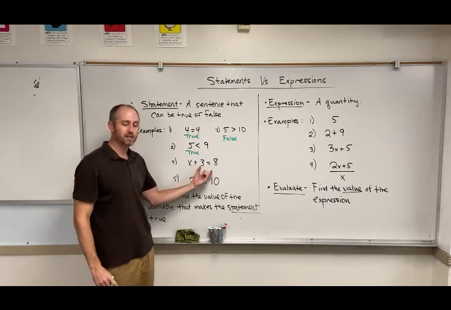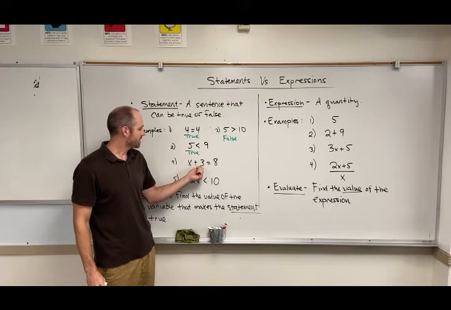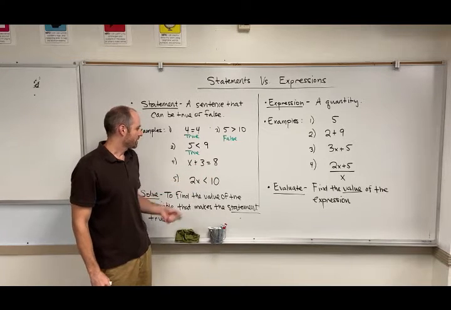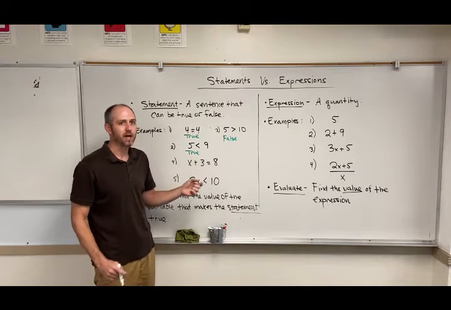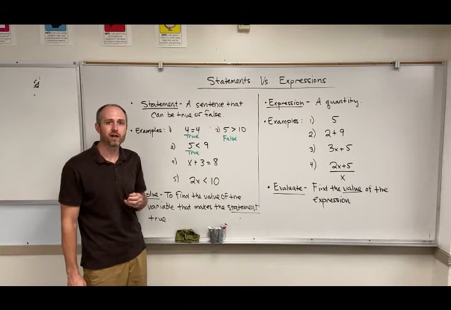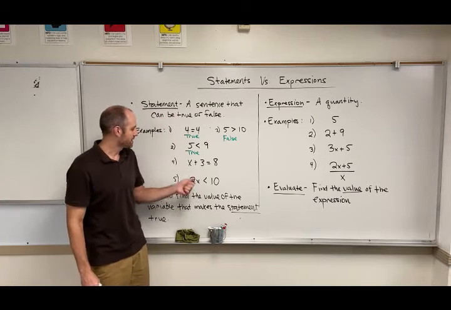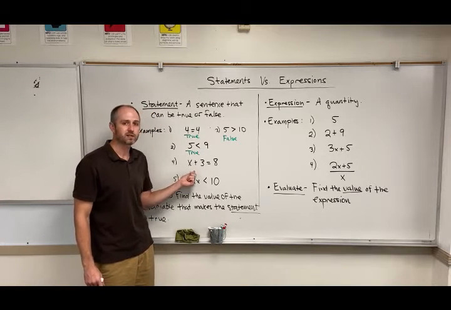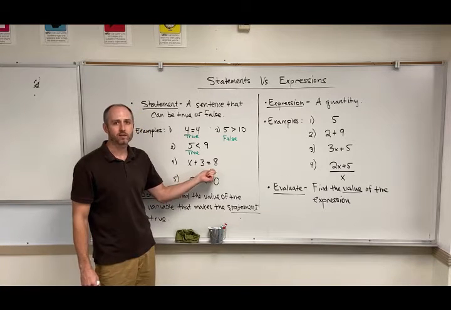Here's a statement, a sentence that says some number that we don't know, x, plus 3 is equal to 8. So if we take this number that we don't know and we add 3 to it, we will get 8. That's a sentence that can be true or false, depending on the value of x that you choose. For example, if you pick the value of 2 for x, then this sentence becomes 2 plus 3 is equal to 8, which is false.